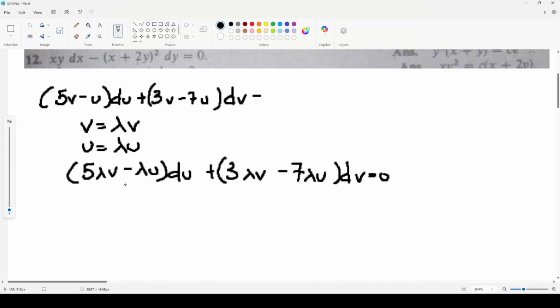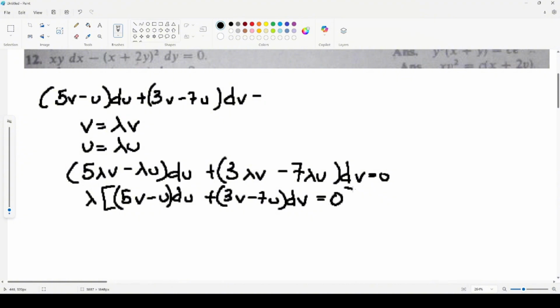Now, because every term has lambda, if you take out lambda it will be the same equation as the given one. That's the essence of the test.